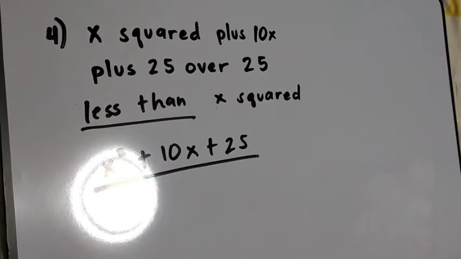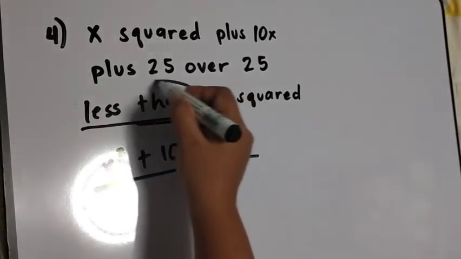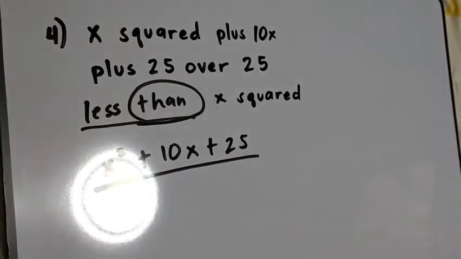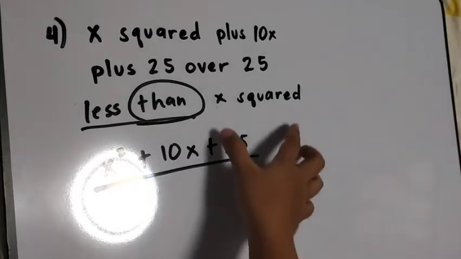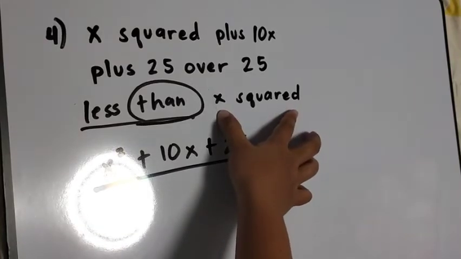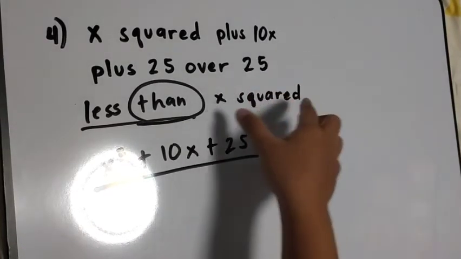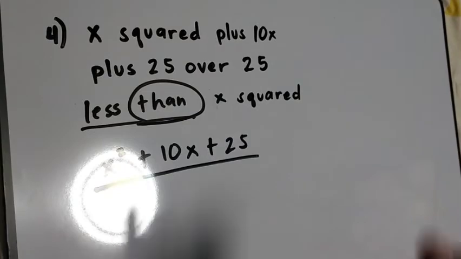Kasi if you can still remember yung topic nyo about transforming mathematical statement, di ba? Kapag less than, kapag may than or more than, di ba, sa addition, pag sinusulat natin siya, it is the reverse. Mauuna muna yung last term, then last term minus first term, baliktad siya.